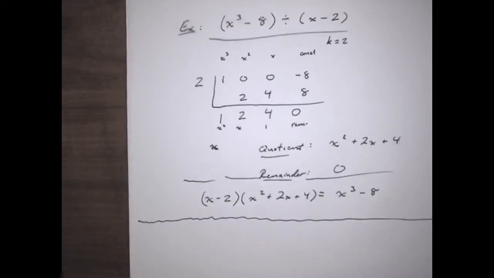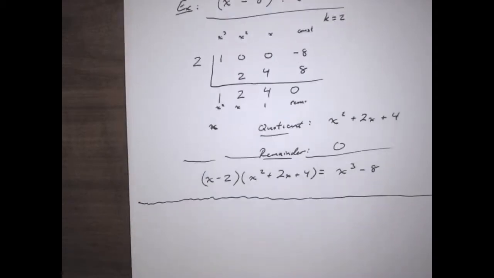Now, what this means is that if we have no remainder, then anything that makes the divisor 0 would also be a 0 of the dividend.